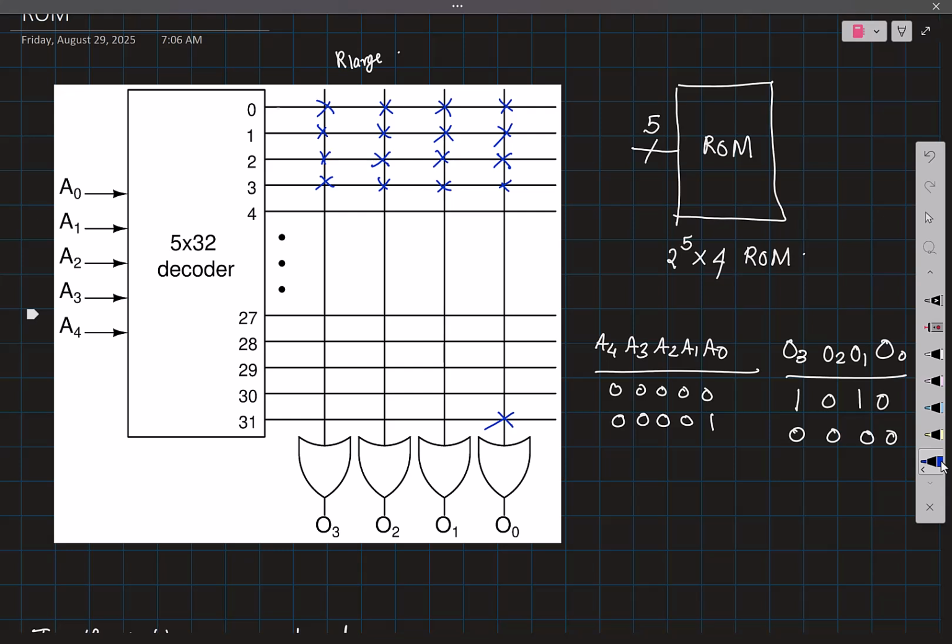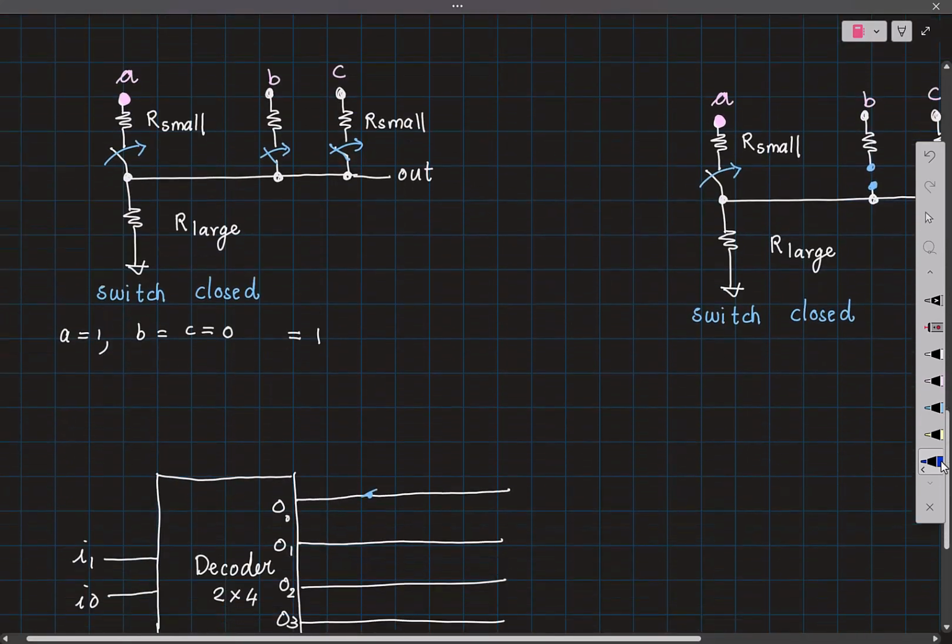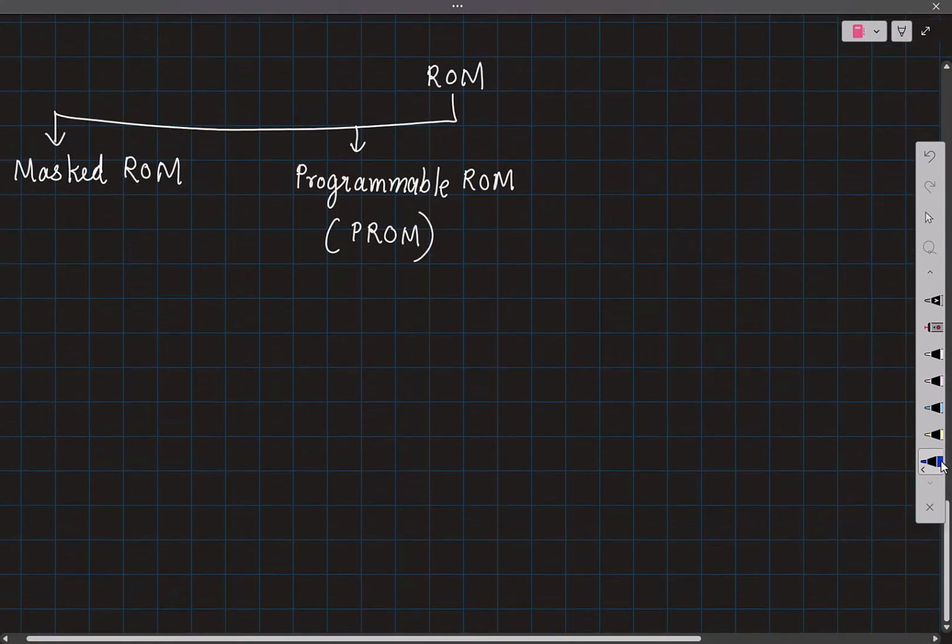Now the third method is to have a different type of switch called a floating gate based switch. Now in these gates, you can program it and erase it. So this is an erasable programmable read-only memory.